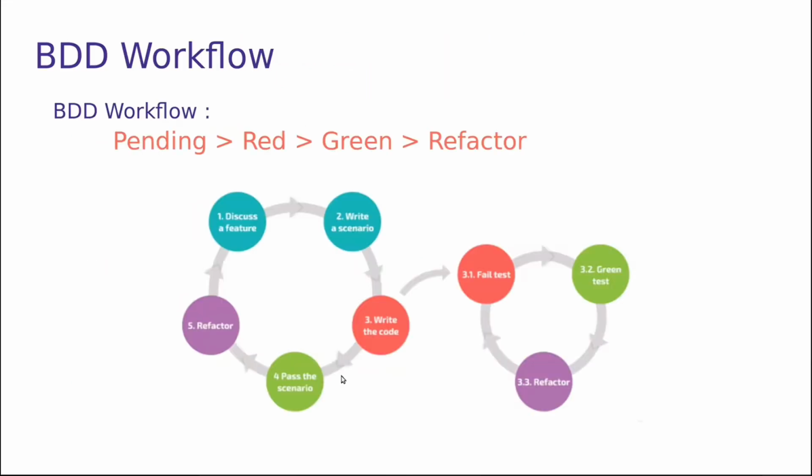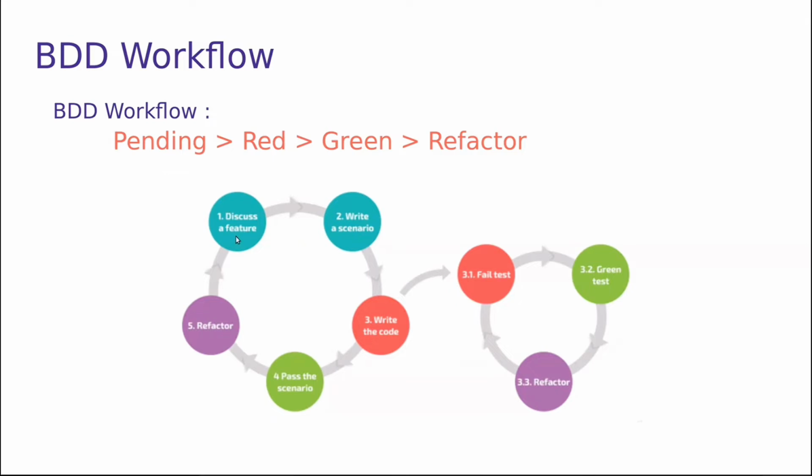But before that, I wanted to touch upon the BDD workflow. As I mentioned earlier, BDD is an extension of TDD. You can see you have this red-green-refactor life cycle in place, which is the same as TDD, but you have this pending state in front.